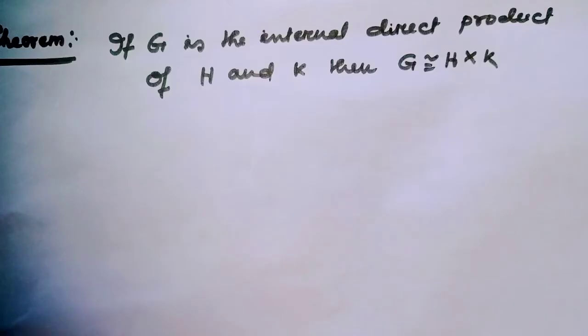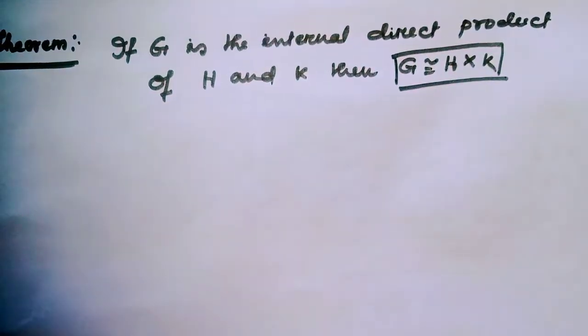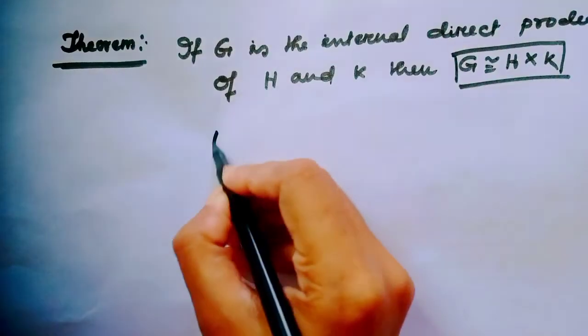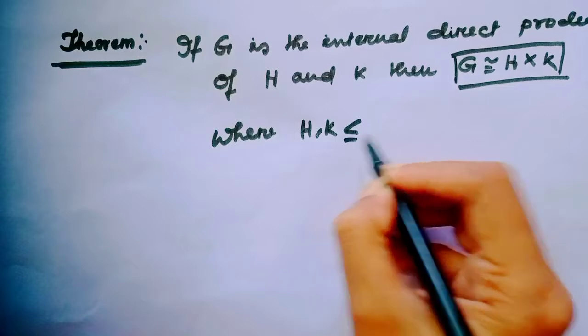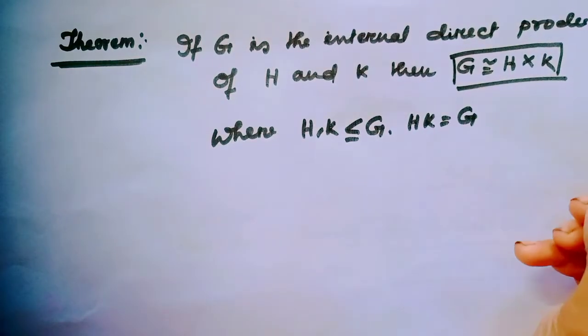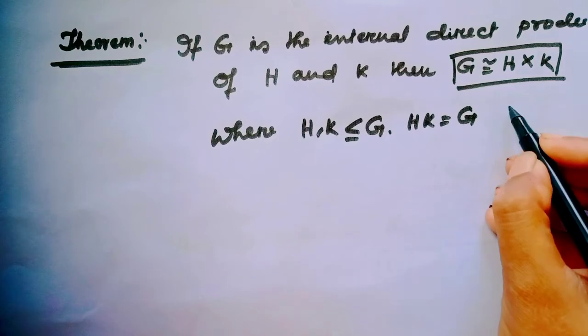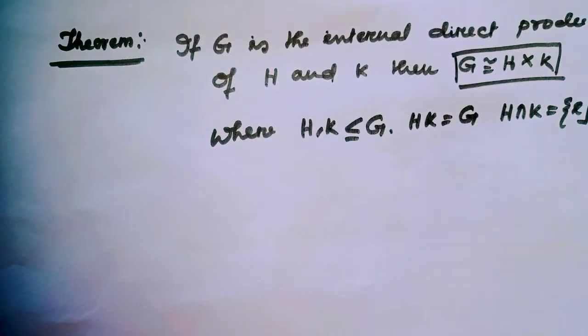Okay? Now I will show an interesting result. If capital G is the internal direct product of two subgroups capital H and capital K, then G would be isomorphic to the direct product of these two subgroups. Okay? Where H and K are subgroups of G and the product HK equals the entire group G and the intersection of H and K equals the set containing the identity element.